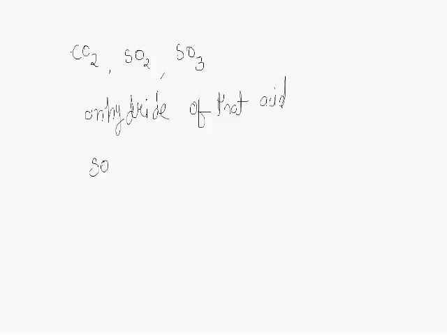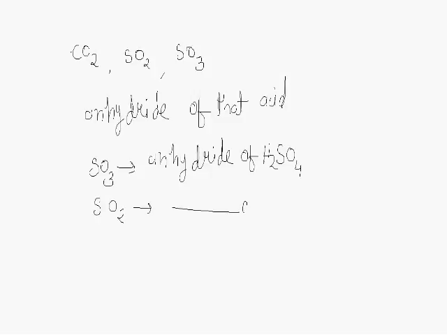For example, SO3 is an anhydride of sulfuric acid, that is H2SO4. And SO2 is an anhydride of sulfurous acid, that is H2SO3.